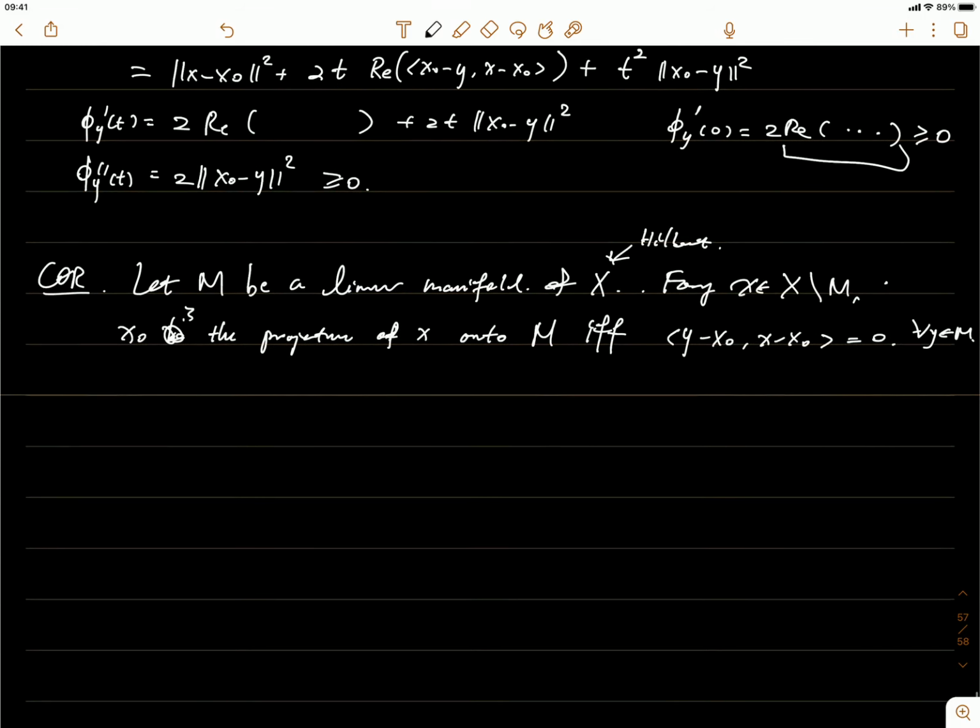Okay, so why is that true? On the one hand, we actually have this is greater than or equal to 0, as we showed from the previous one. If it's the projection onto M, then I know that this is greater than or equal to 0.